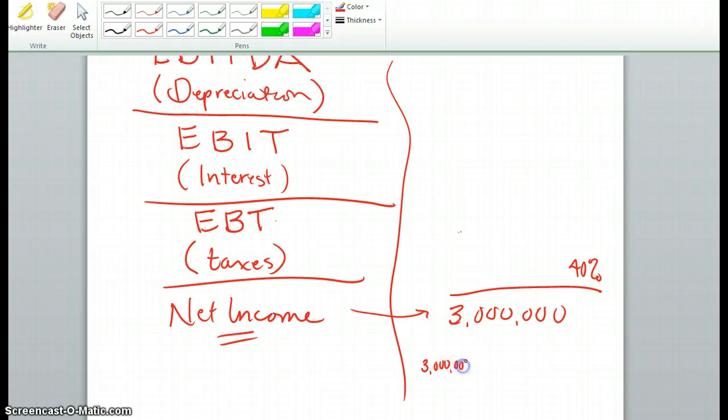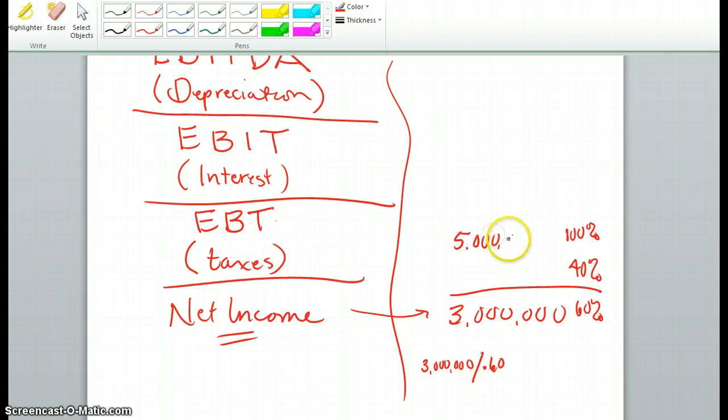I'm going to write this down and then find my calculator and divide it by 60%, because my EBT is 100%, my net income is 60% of that, right? And so if I take 3 million and divide it by 60%, I get 5 million.